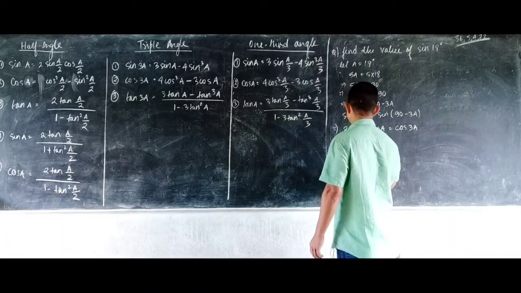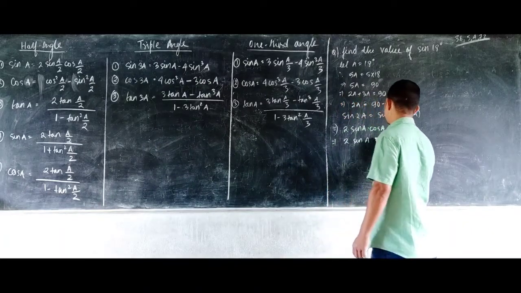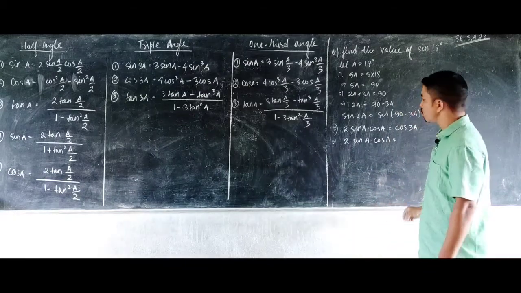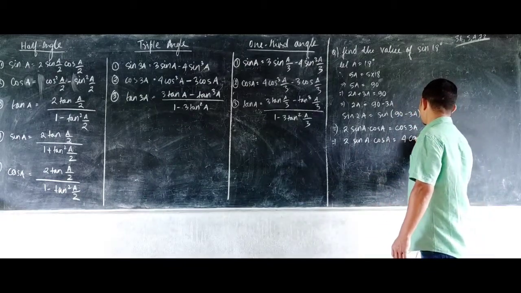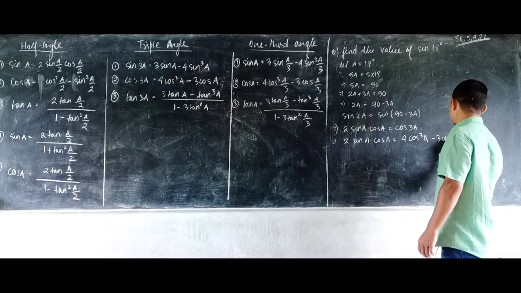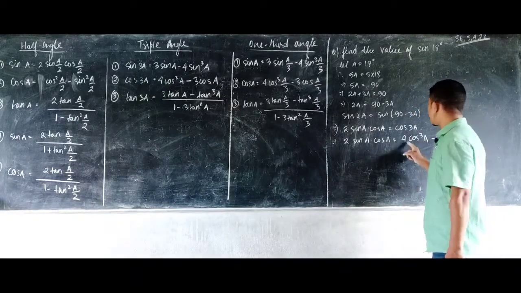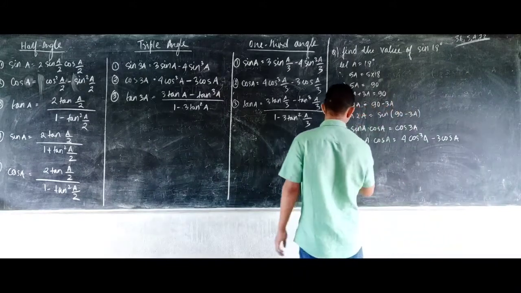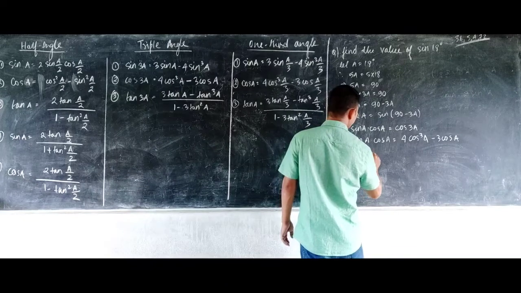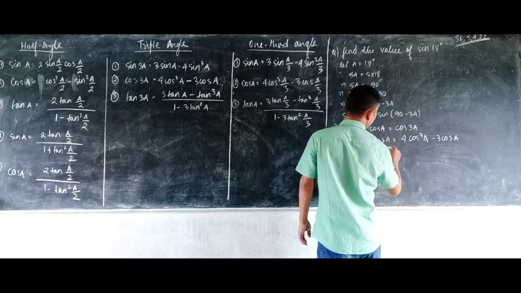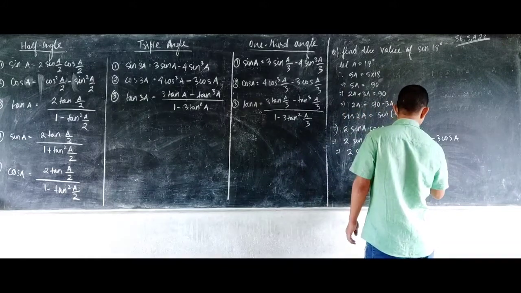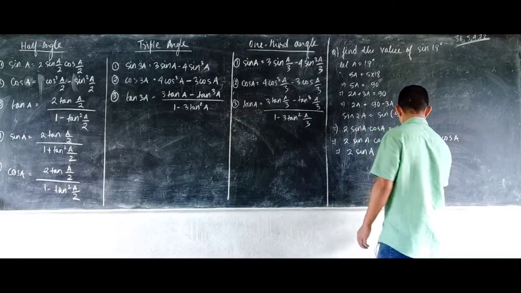Again I write 2 sin A cos A equals cos 3A, and the formula for cos 3A is 4 cos³ A − 3 cos A. Taking cos A common on both sides, I can cancel cos A, so I will get 2 sin A equals 4 cos² A − 3.